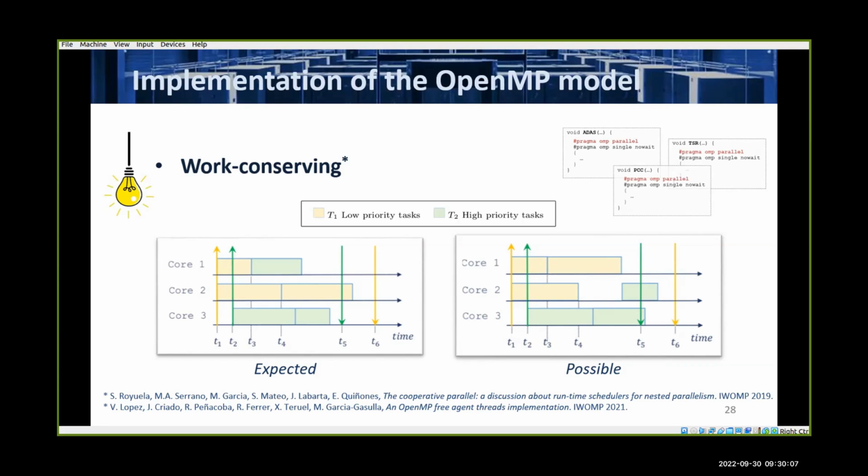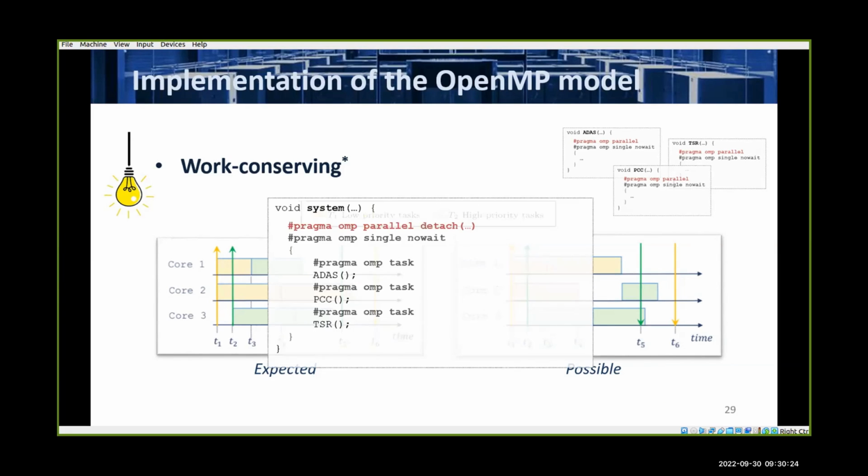And there are also other approaches that could be used to ensure that the schedulability analysis is fulfilled, like the free agent threads or helper threads that could enter into play to ensure that the higher priority tasks are executed. Or we can make it simple, although this option is not always possible, and we could have a system integrator that removes all these parallel regions in the different components and generates just one parallel region, and everything will be easier. Different approaches to this.